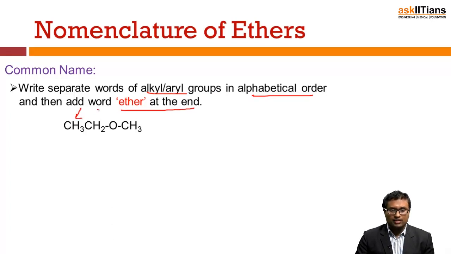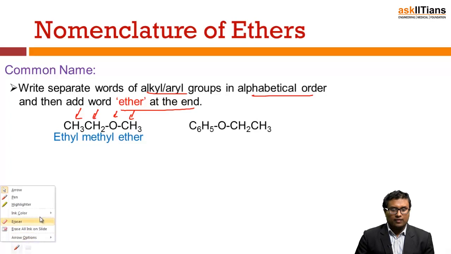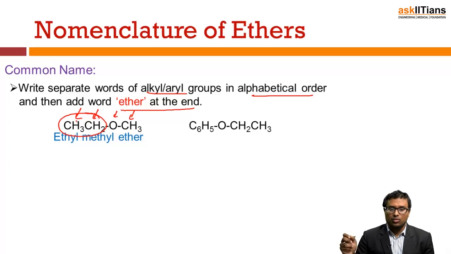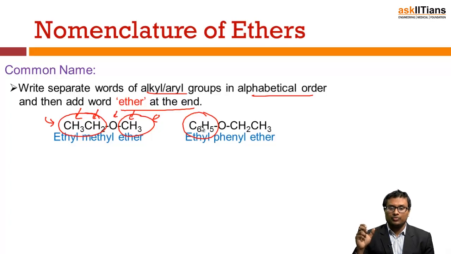For example, you have CH3, CH2, O, CH3. On one side you have an ethane group except one hydrogen, and on the other side you have a methane group. So I can consider this as an ethyl group and this as a methyl group. Here also I can consider this as a phenyl group, right? Remember I told you that if C6H5 is a substituent, it is a phenyl.